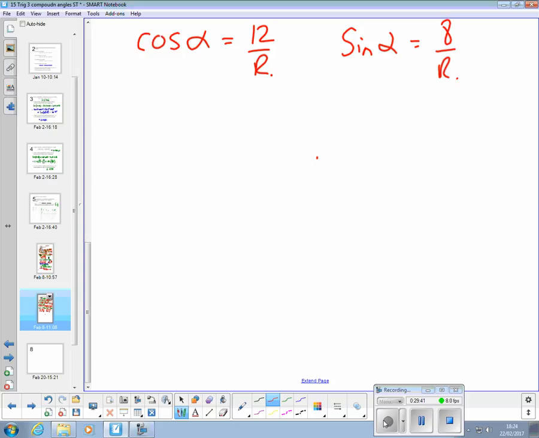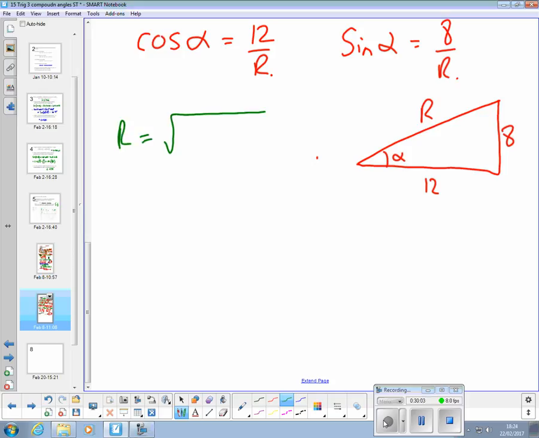And where that is alpha in the output, R is equal to the square root of 12 squared plus 8 squared.